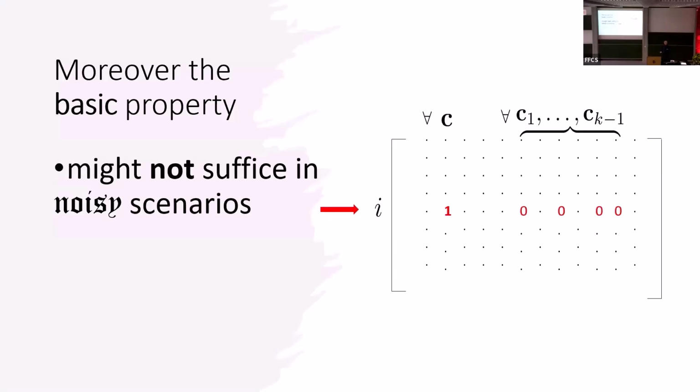And also the basic property that I told you before is very weak, because in a noisy scenario, you can be unlucky and maybe just in that instant of time in which a station could transmit successfully, some terrible thing happened, and so you get lost in the transmission. So it's not sufficient, because maybe in that instant of time, the station is not working properly, for instance.